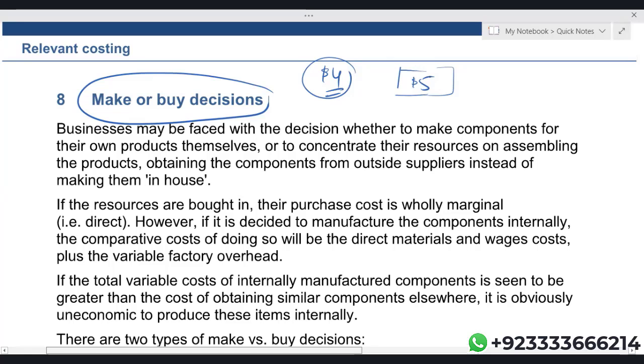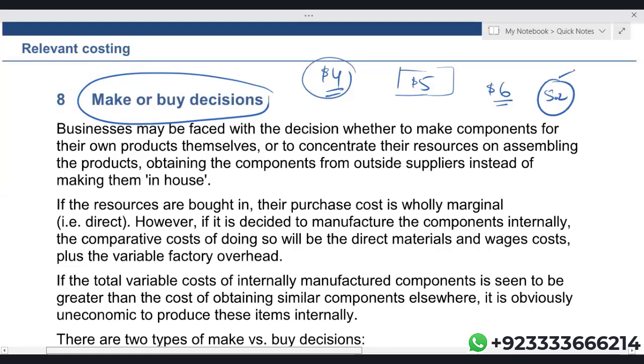Because if we can produce the same thing for $4, then why would I pay $5? But if your internal cost of manufacturing a unit is, let's say, $6, and same thing, without compromising on quality, you can get it from outside for, let's say, $5.2, then I'll buy it from outside. So simply, make or buy decision.